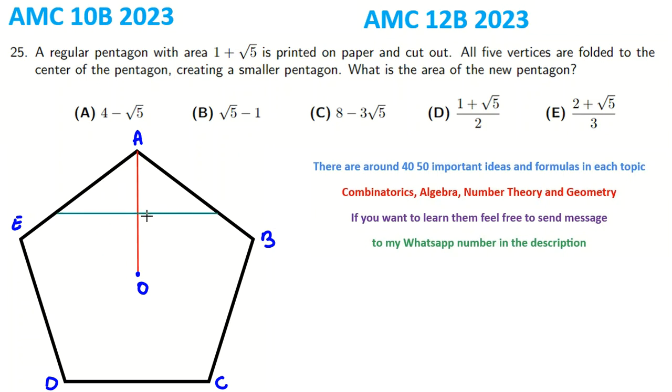Now let's consider the next one, E. Again, we connect E to O, and if we consider the perpendicular bisector, it will be around here, and we can create a line like this.